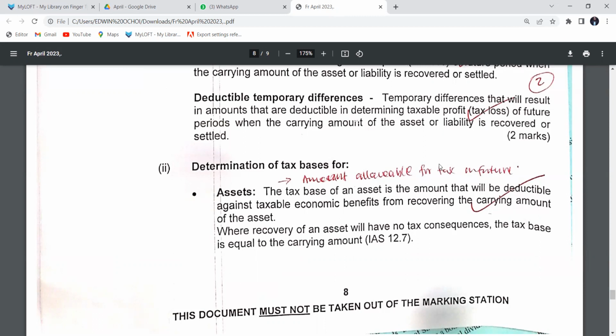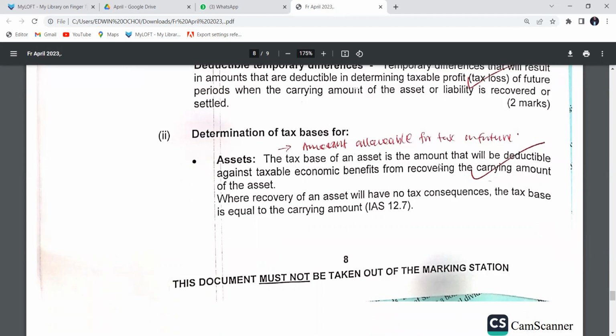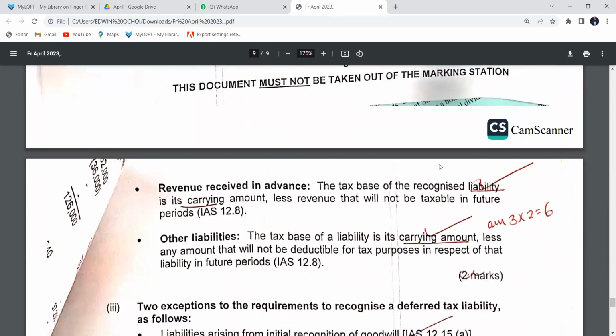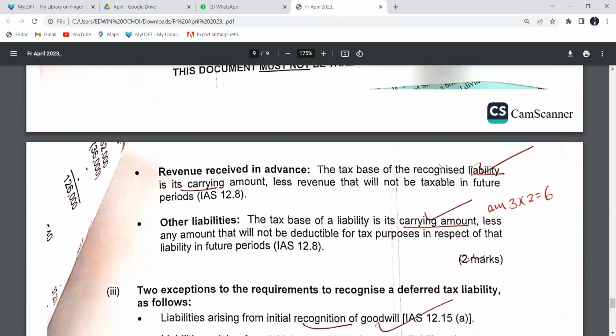So when recovery of an asset will have no tax consequences, the tax base is equal to the carrying amount. For revenue received in advance, the tax base of the recognized liability is its carrying amount, less revenue that will not be taxable in future periods. For other liabilities, the tax base of a liability is the carrying amount less any amount that will not be deductible for tax purposes in respect of that liability in future periods.